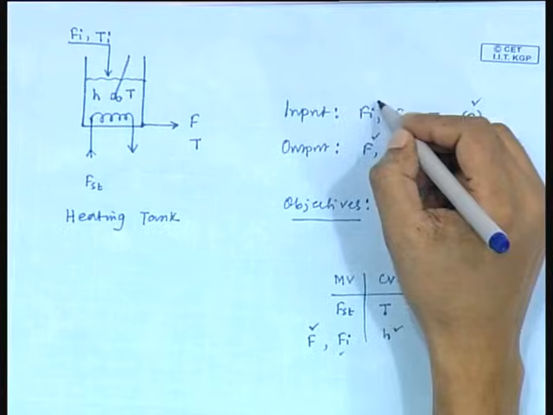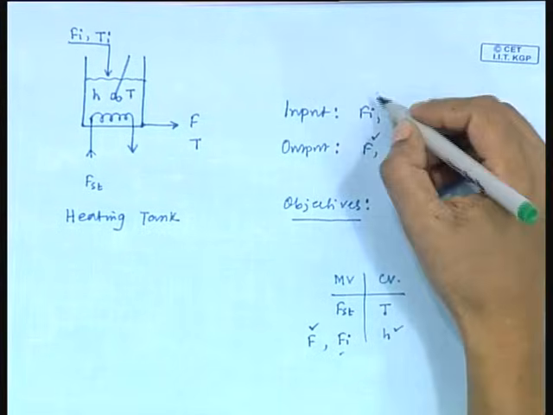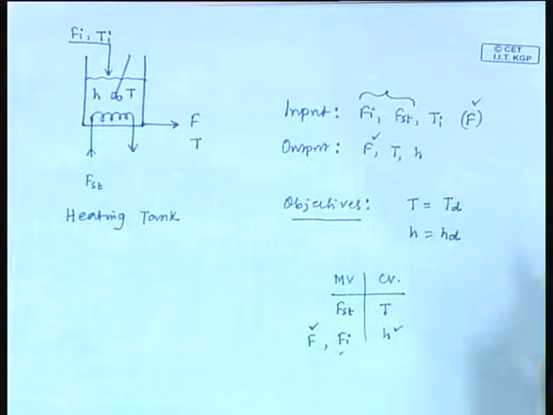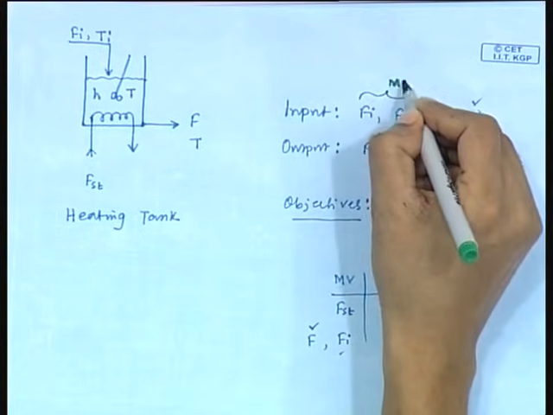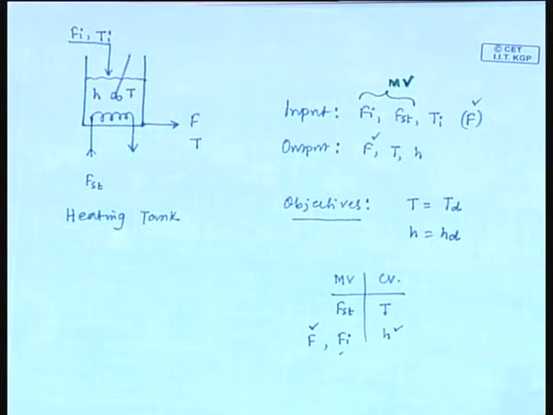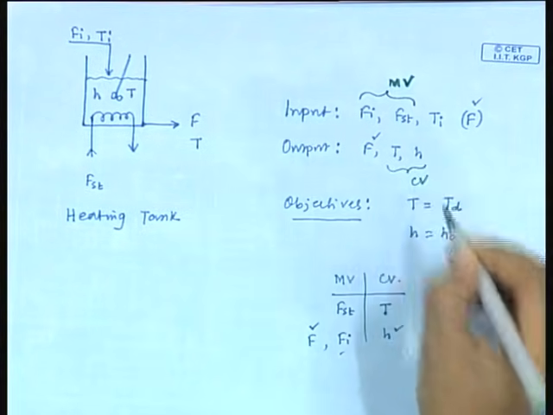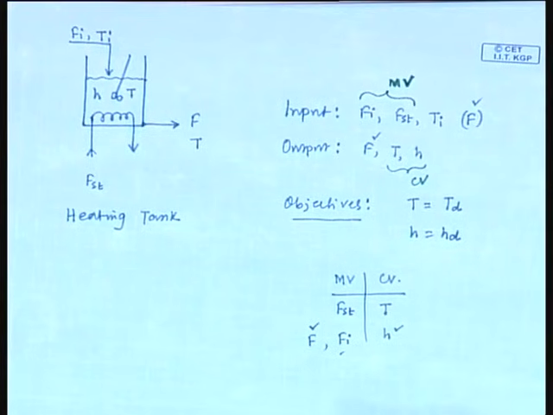So, Fi and Fst, suppose for this case, are the manipulated variables, and T and height are the control variables.